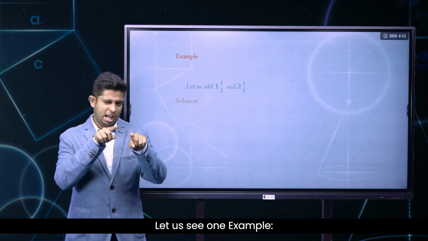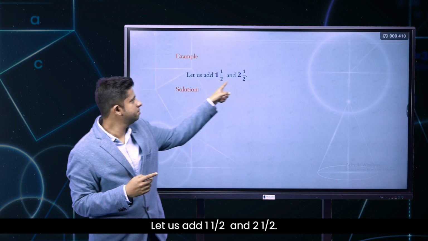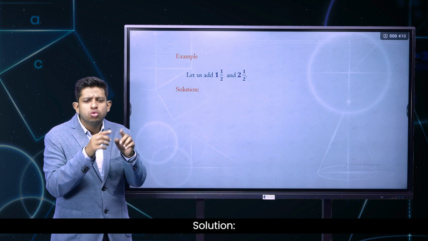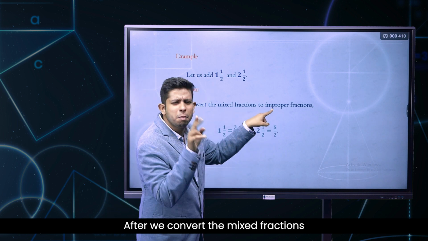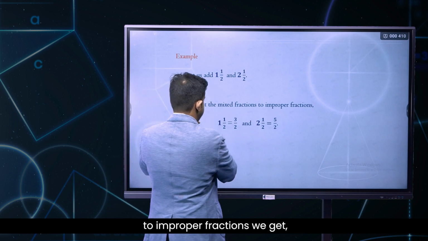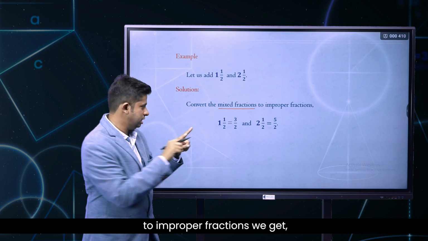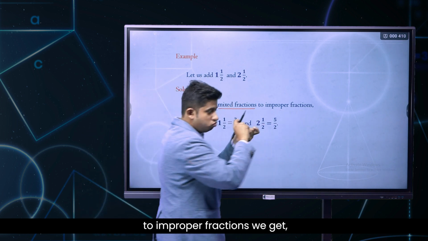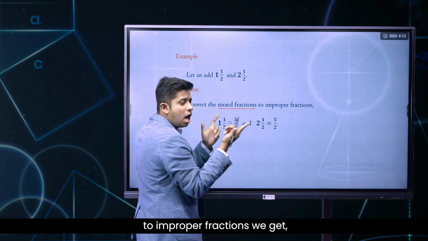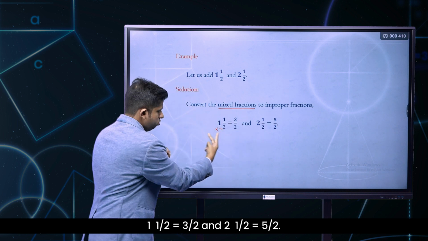Let us see one example. Let us add 1 by 2 and 2 by 2. Solution. After we convert the mixed fractions to improper fractions, we get 1 by 2 is equal to 3 by 2.